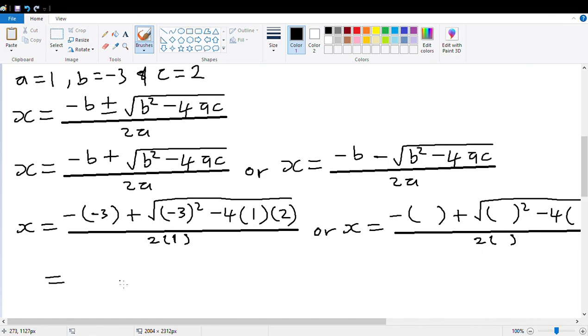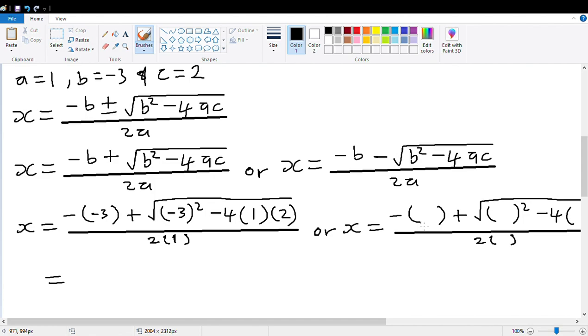Before that, let's also substitute for this part.